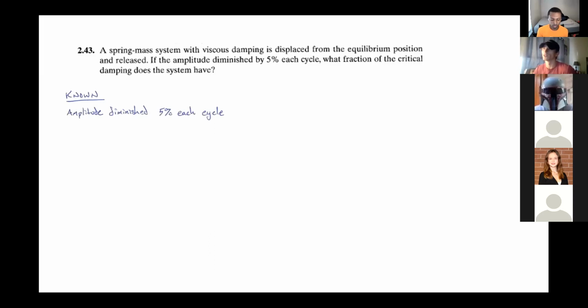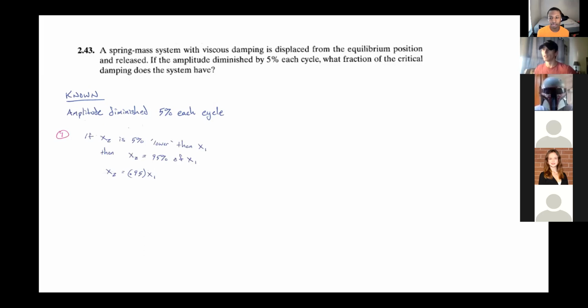If you see those equations on the formula sheet and you don't know what they actually mean, this is where they get you. This is an easy question that a lot of people will get wrong. So our knowns: the only thing that we know so far is the amplitude diminished 5% each cycle.